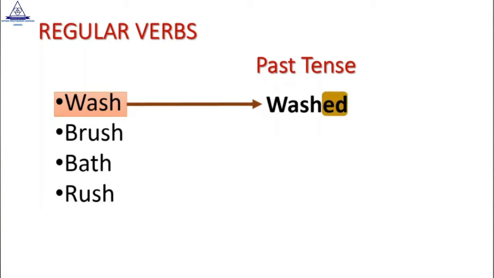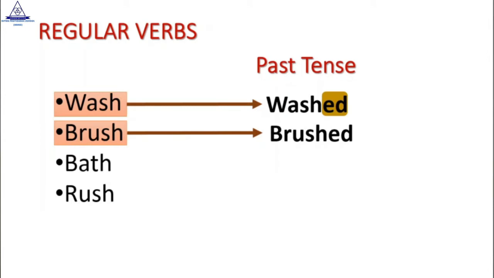Let's take the verb brush. The past tense of brush is brushed. What did we add to it to get the past tense? We added ed. Brushed. Let's look at the next one.